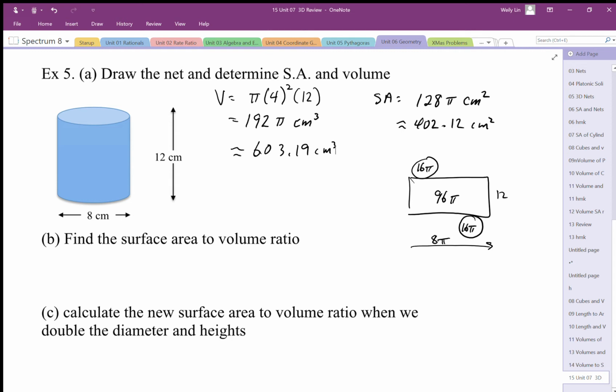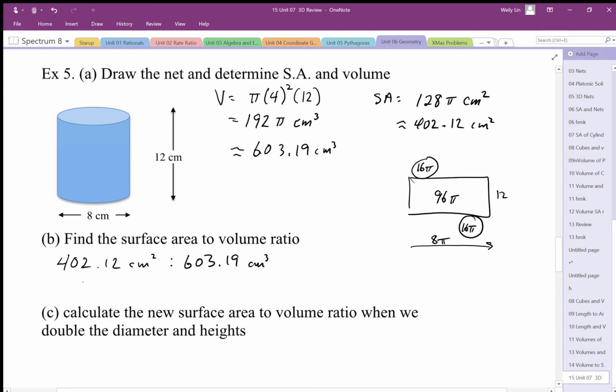So since we've got the surface area and volume, I'm going to work out the ratio. For this object, the surface area is 402.12 centimeters squared. The volume is 603.19 centimeters cubed. So I want to do this as a ratio. We can leave it like that, but we really want to know the unit rate, the unit ratio.